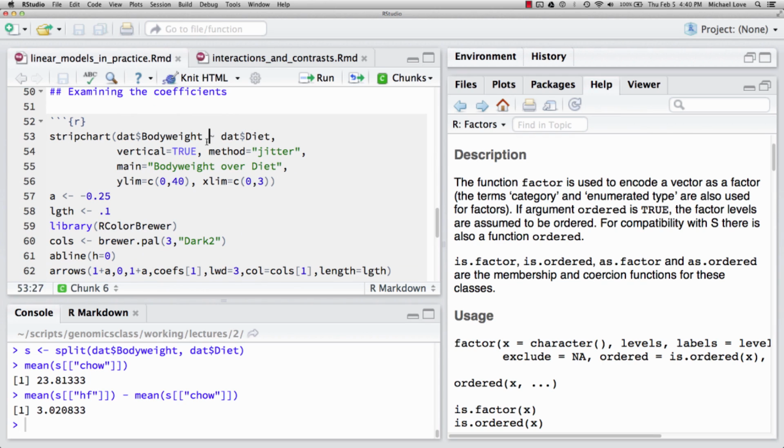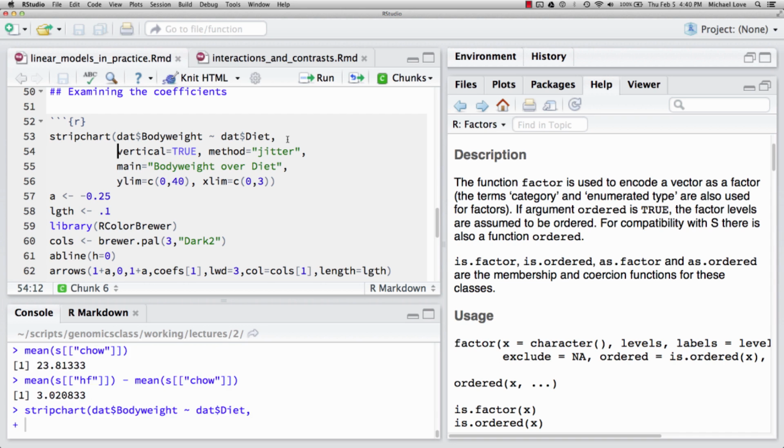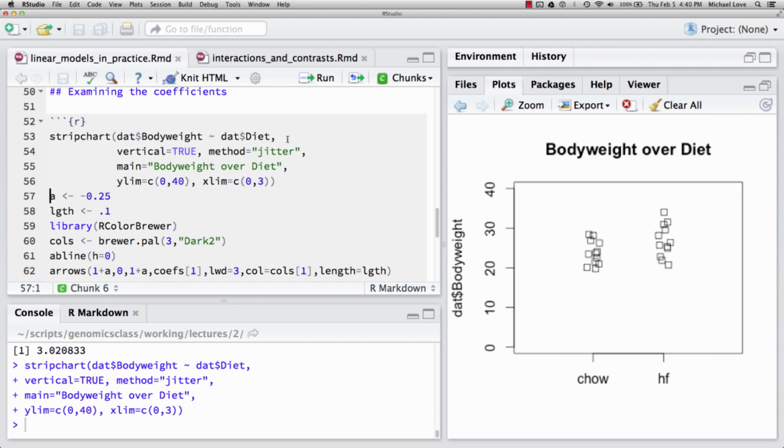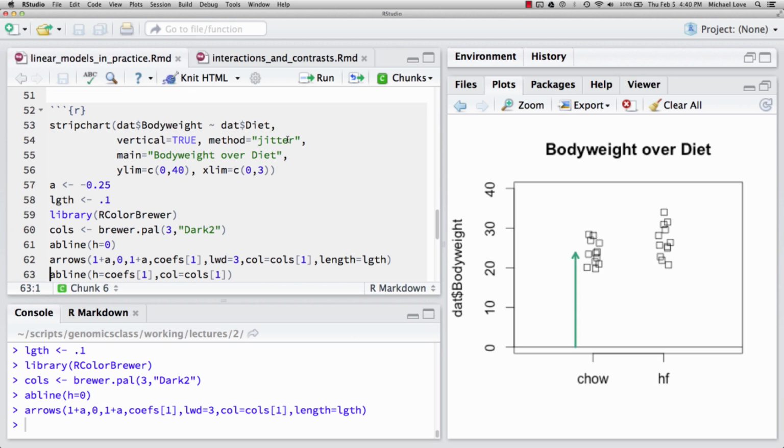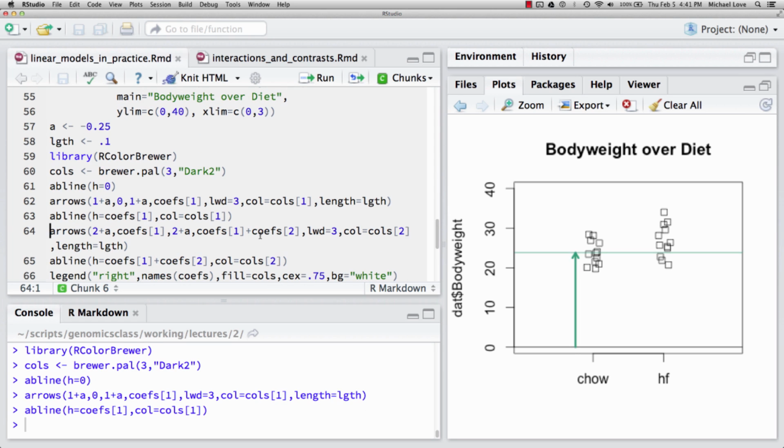Now, below I have a bunch of code. You don't need to memorize any of this. This is just to make a plot, which I think is helpful in visualizing what these coefficients mean. So I'm just going to draw arrows from 0 up to the average of the chow group. That's the intercept. So this green arrow represents the intercept. I'll draw a horizontal line there.